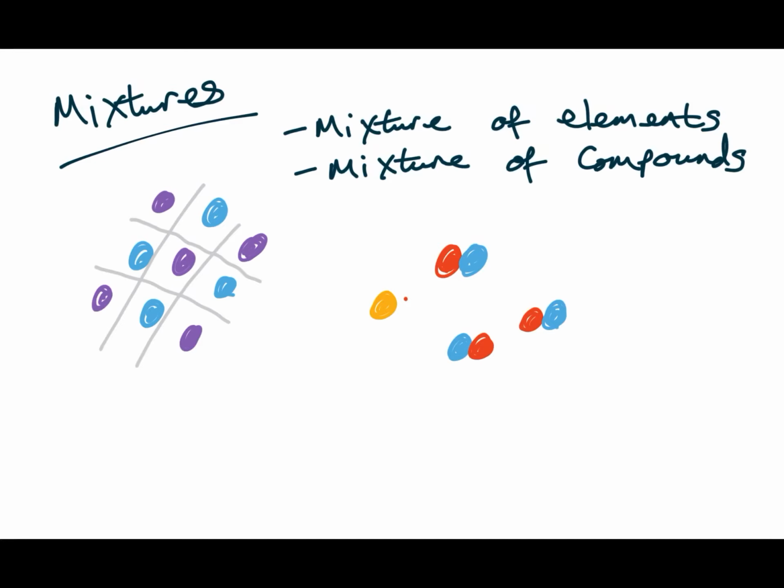So in summary, elements, we find them on the periodic table. Compounds are elements that are chemically joined.